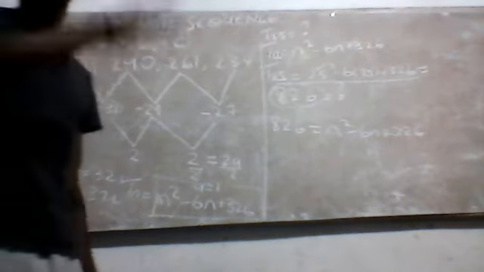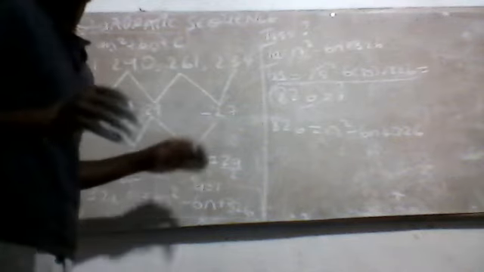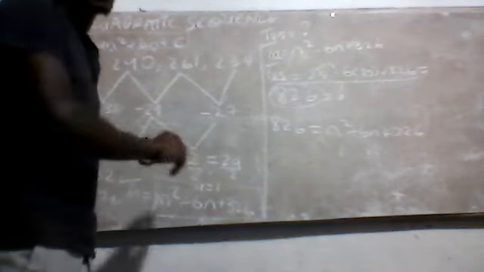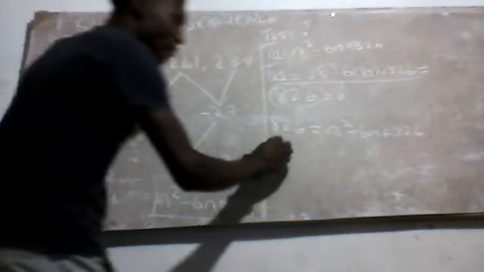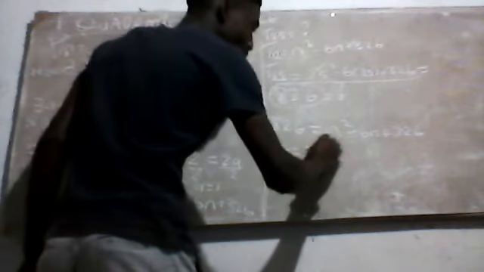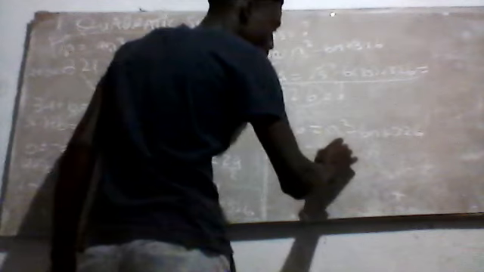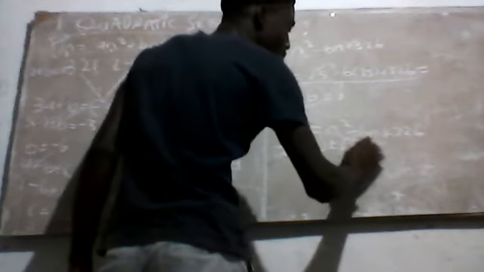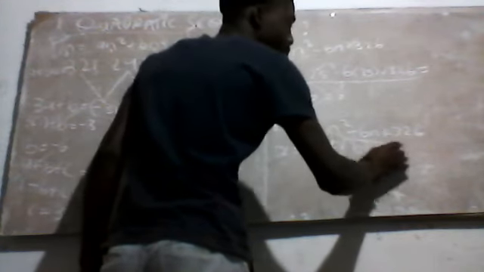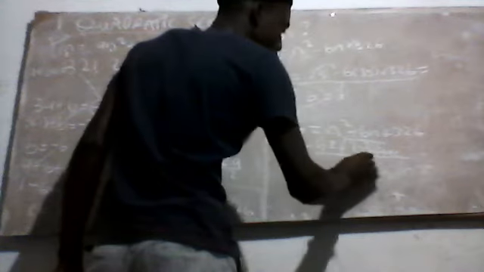Remember, this is a quadratic equation. We dealt with how to solve quadratic equations. You use the quadratic formula actually, which is x is equal to minus b plus or minus root of delta, divided by 2a.